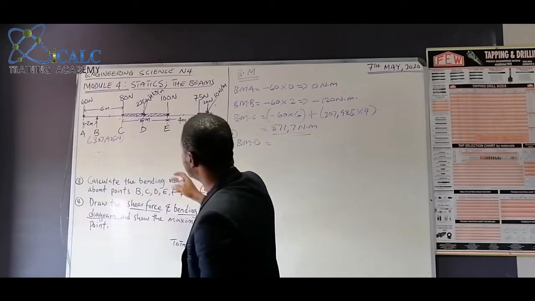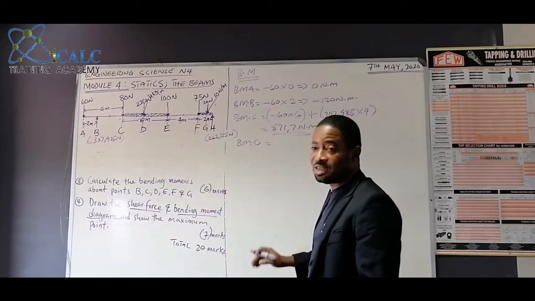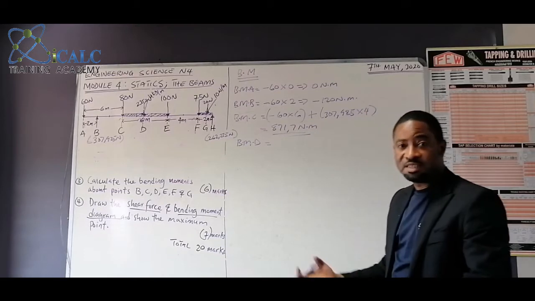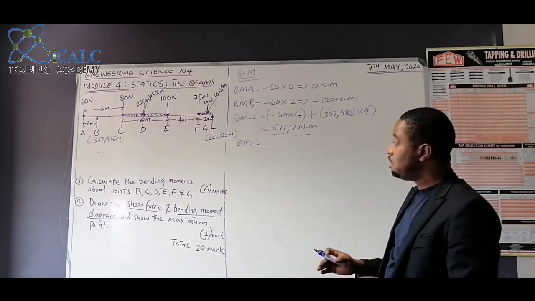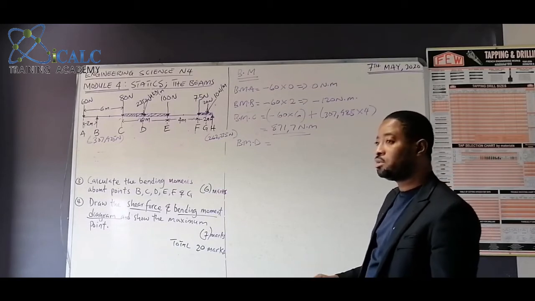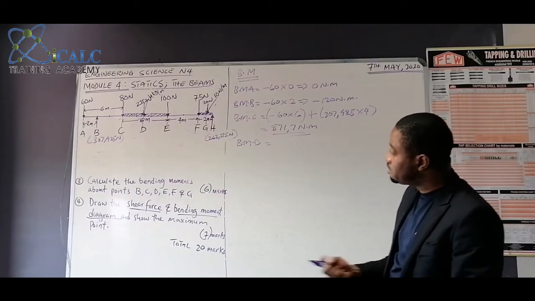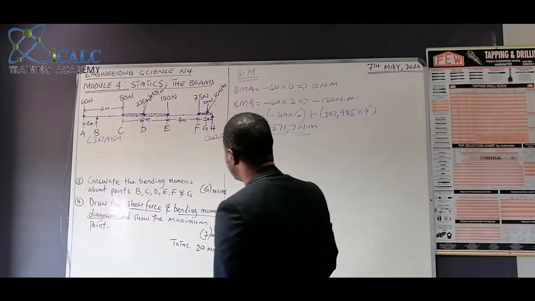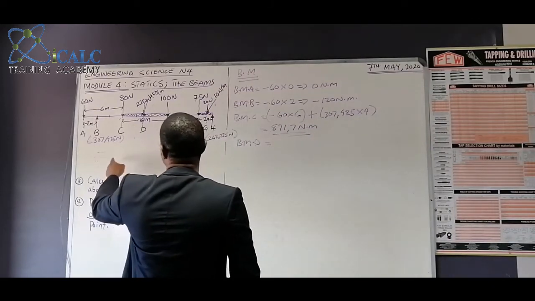So I'm going to try from the left hand side and also from the right hand side so that you can see if we are correct or not. So also I encourage you to try something like that so that you can see if you are correct or not before you move to the next question.